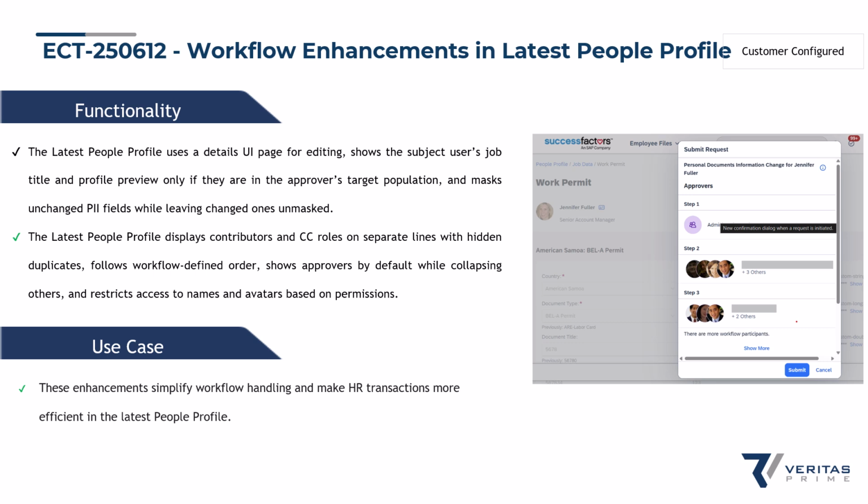The latest people profile displays contributors and CC roles on separate lines with hidden duplicates, follows workflow-defined order, and shows approvers by default while collapsing others, and also restricts access to names and avatars based on permissions. These enhancements simplify workflow handling and make HR transactions more efficient in the latest people profile.